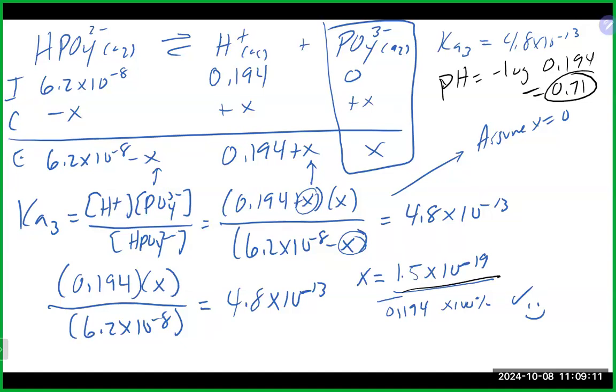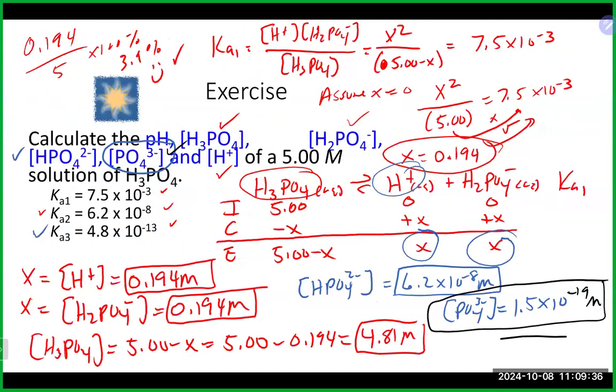Yeah. It did, because even all the way down to the third ICE table, if we put in our x value, it is still 0.194. And it pretty much didn't change. So the majority, if not almost 100% of it, obviously not all of it, with a little bit still coming off, but almost 100% of the H plus came off in the very first ICE table that we did here.